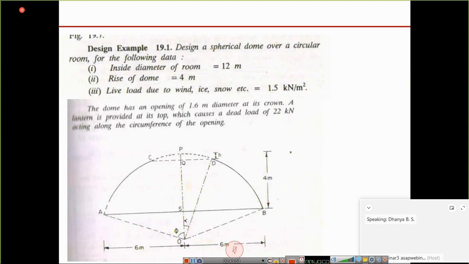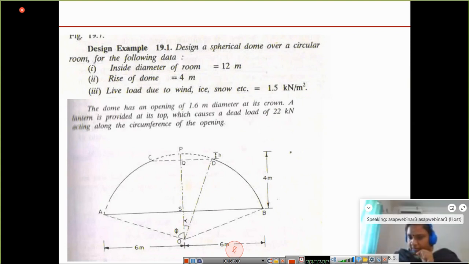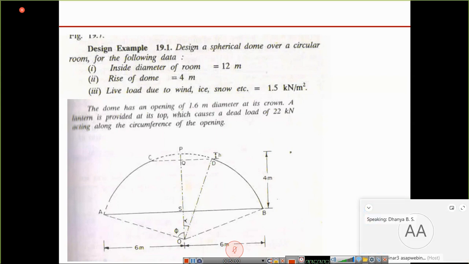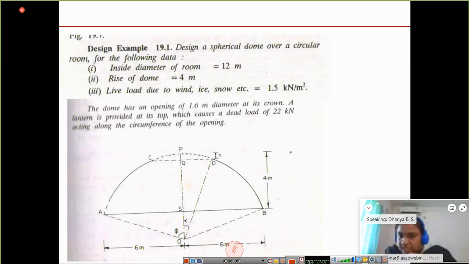Let me check. Meanwhile, the question is: is it necessary to increase the minimum percentage of steel in the dome to 0.35 percent if the diameter of the base of the dome is more than 15 meters?